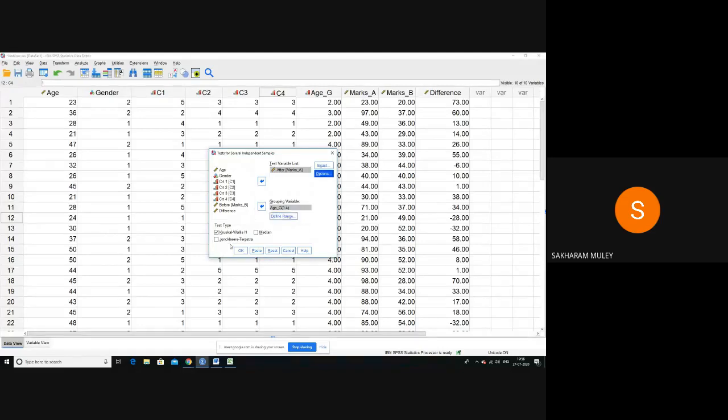And the problem with SPSS here is a limitation: when I was going for ANOVA, the post hoc test option was available in the window. But here, under tests for several independent samples, using Kruskal-Wallis doesn't give me the option for a post hoc test. So we have to do post hoc comparison separately, using the Mann-Whitney U test or any other two-variable non-parametric test.